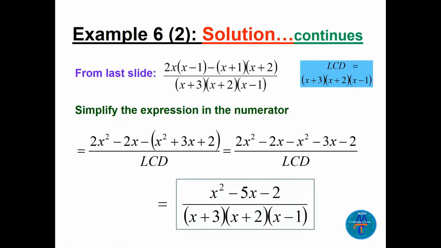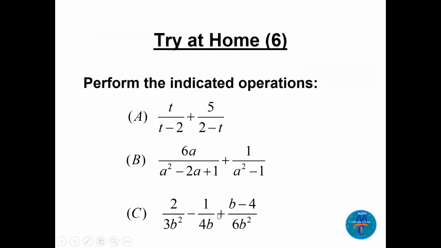Okay, now here the leading coefficient is 1. Find two numbers whose sum is minus 5 and whose product is minus 2. There are no integers like this, so we cannot cancel. Just leave the whole answer.